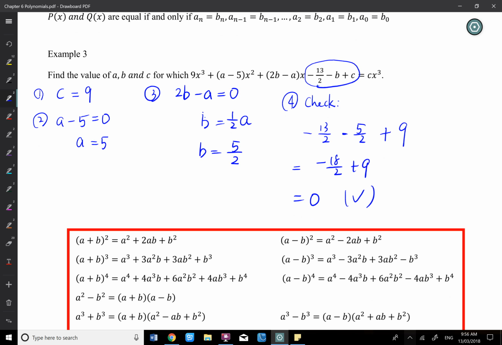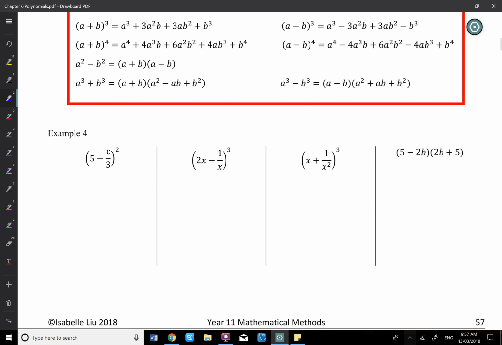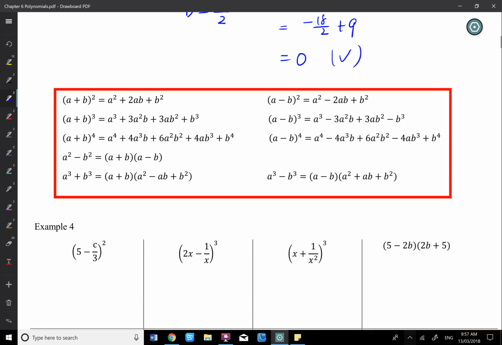If you solve it out and it equals 1 or 2, which means those two polynomials will not be the same. Okay, that's example 3 here.